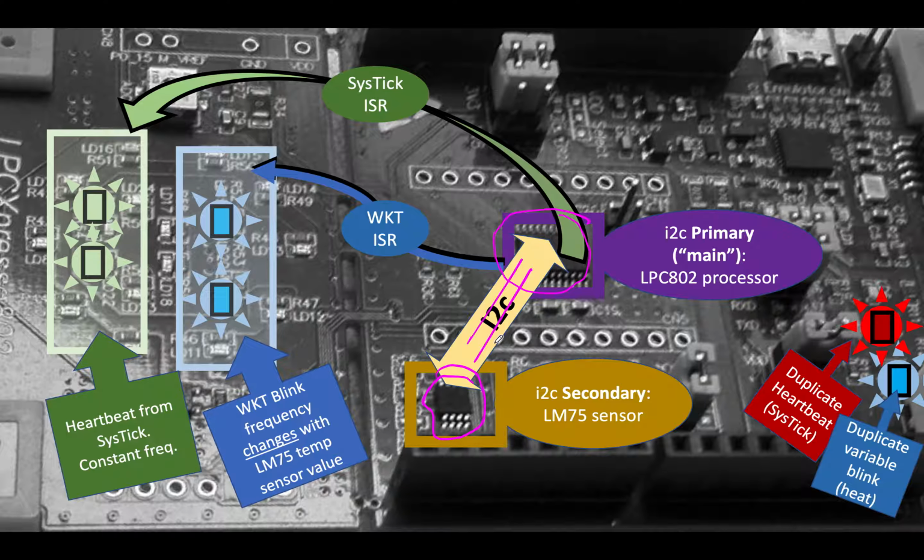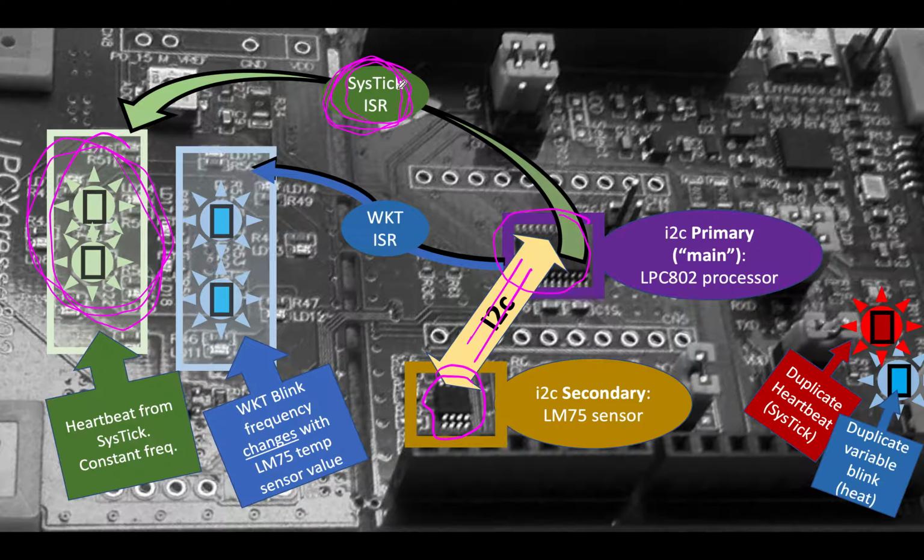What will be happening in the program that you're about to see is that there will be a heartbeat generated and LEDs will be flashed at a specific frequency in response to the interrupt service routine generated by the system timer.